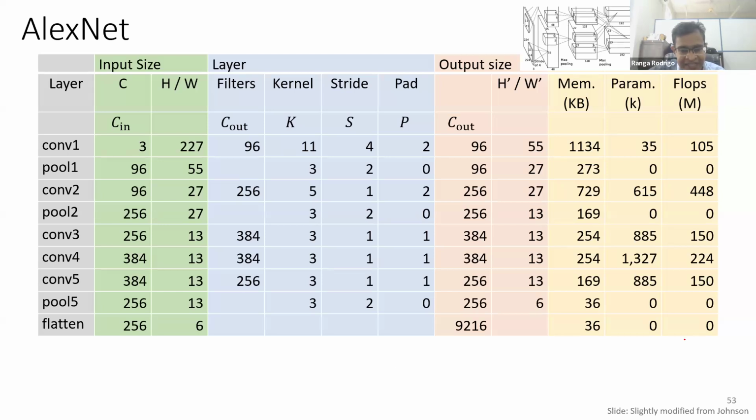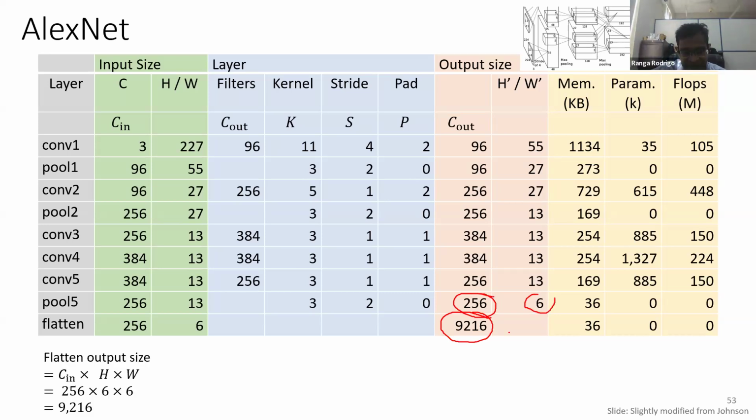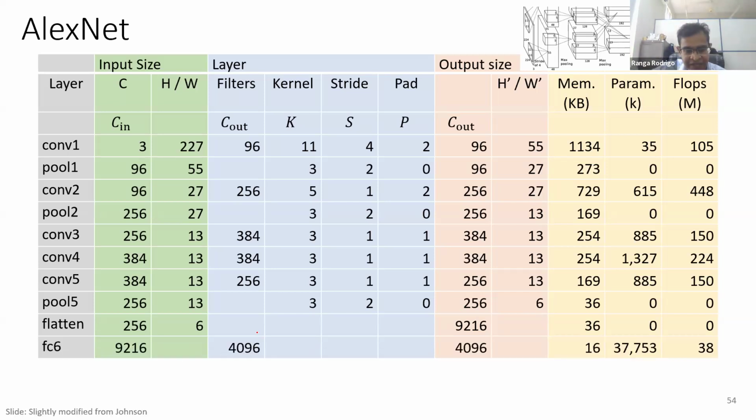And you can see here 9,216 is the number of elements that you have. If you think about this, 6 times 6 times 256 gives you 9,216 elements. And 4096 is the output size.